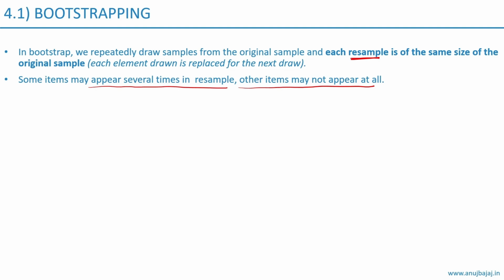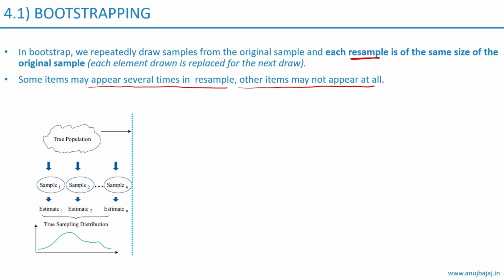What is the objective? If you remember the central limit theorem, according to the central limit theorem, from the entire population, if we draw multiple samples, suppose we have n samples, then we have n sample means. And if we plot all the sample means on a graph, this is referred to as the true sampling distribution.